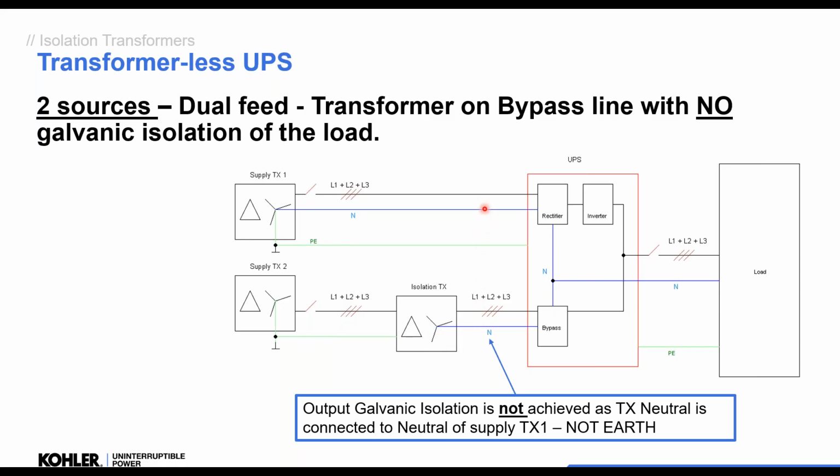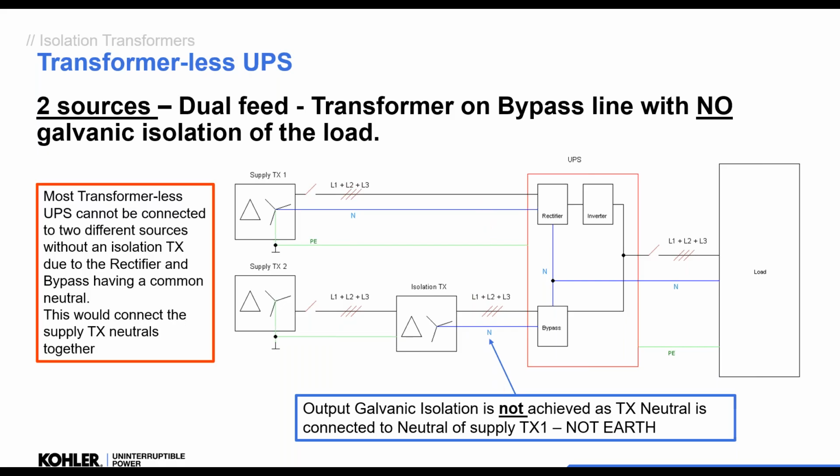So it doesn't create an output galvanic isolation. This is to isolate the two supplies. Okay. To repeat, this is because modern transformerless UPSs have that link neutral. We have to be very careful that we don't link the neutrals of the supply transformers in the building. Okay. So that's one application of an isolation transformer.